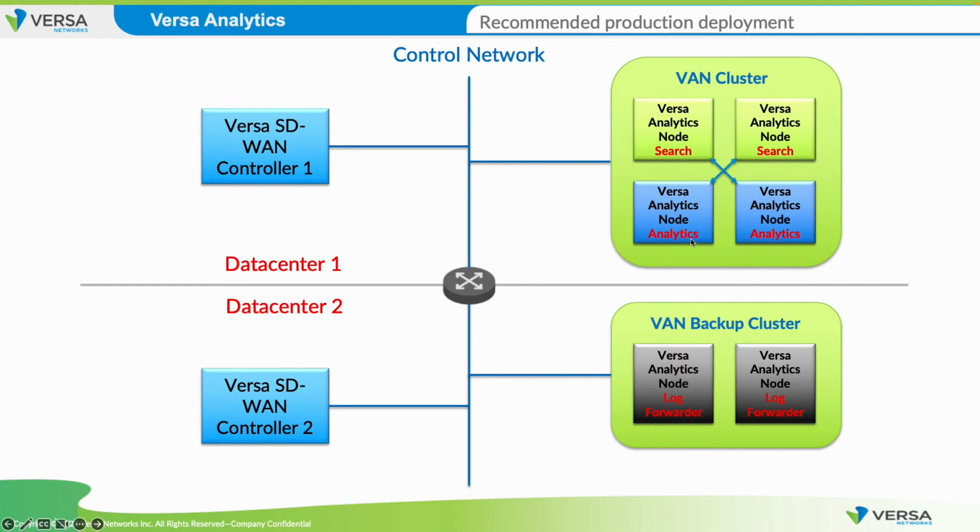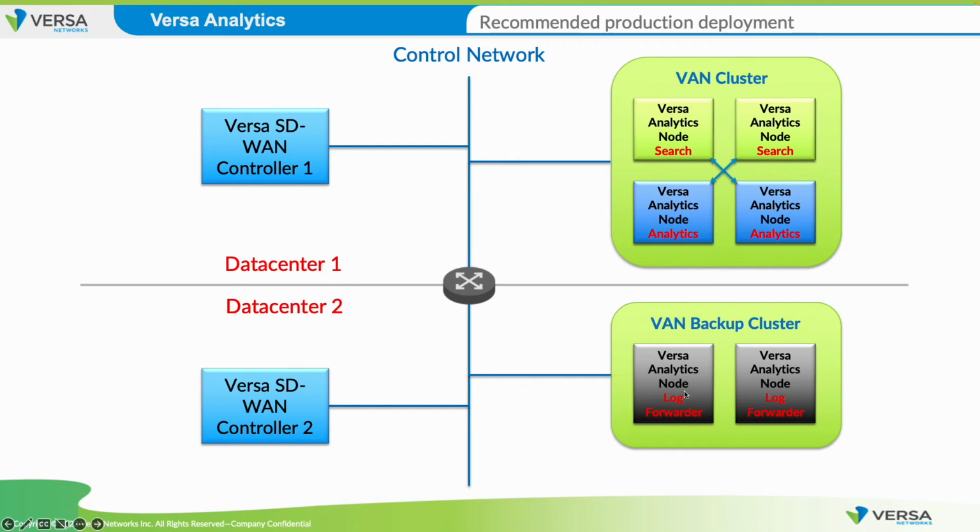It is because each of the nodes will be replicating with each other. Analytics will be storing the same information, and in case one of them fails, the second still has the same data. The search nodes will also be replicated between each other. Also, it improves the speed with which data is processed, because we can use multiple nodes in parallel at the same time to retrieve different data of the same type.